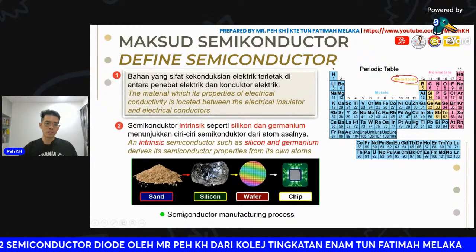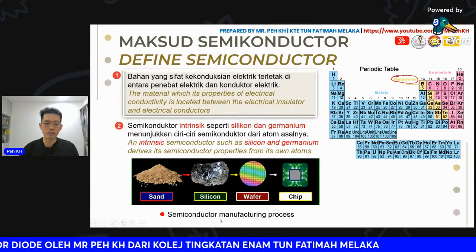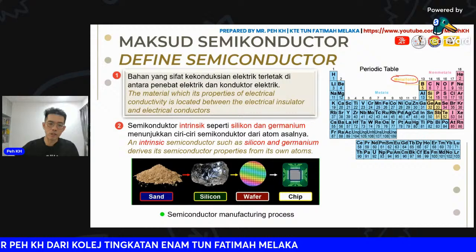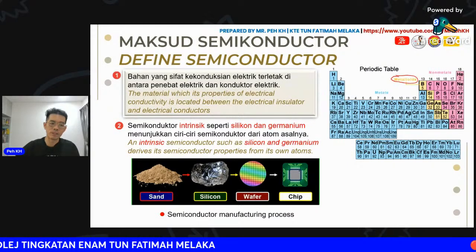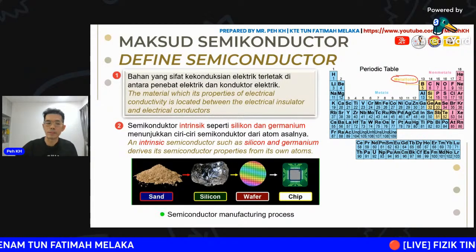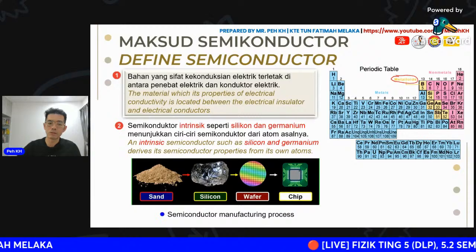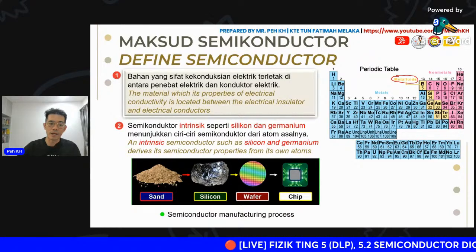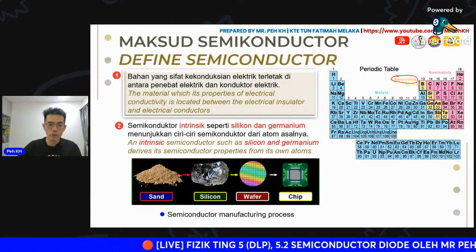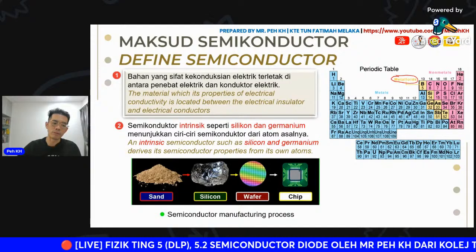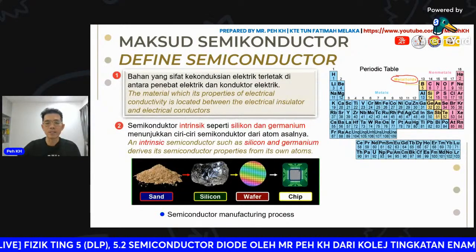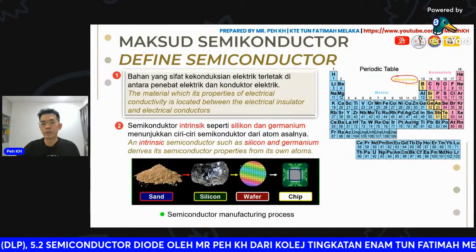And here is the process of semiconductor manufacturing. Silicon can be extracted from sand, which has the chemical formula silicon dioxide. The silicon extracted from the sand is the main material for the fabrication of wafers.